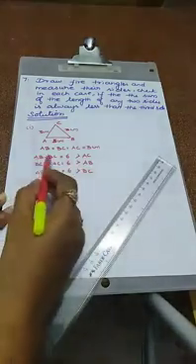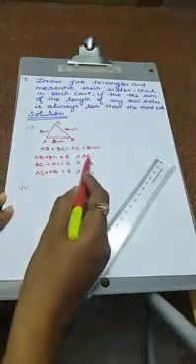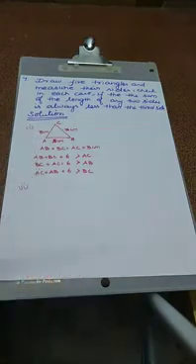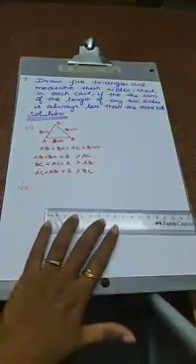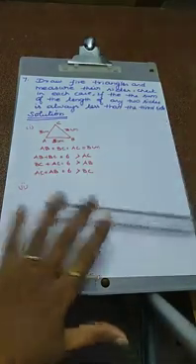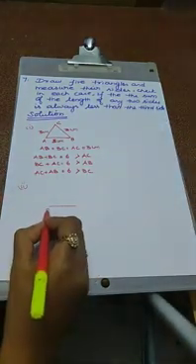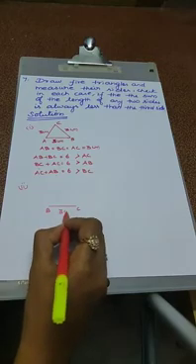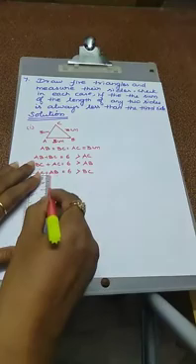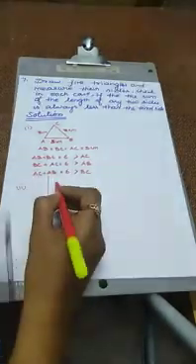Here the sum of any two sides of a triangle is greater than the third side only. Okay, now we have to check using the second triangle. Three centimeter, AB value 4 centimeter.